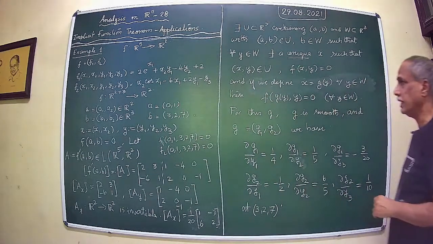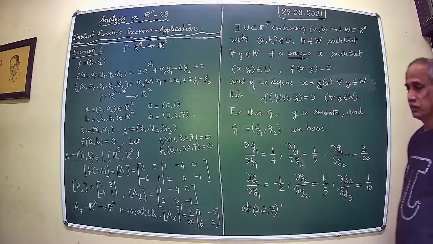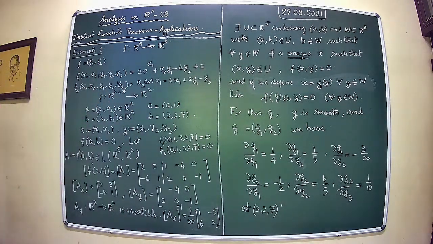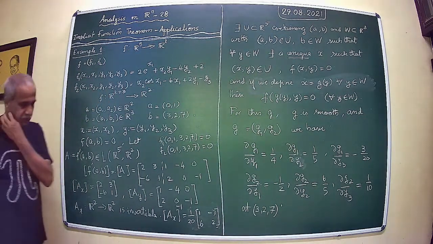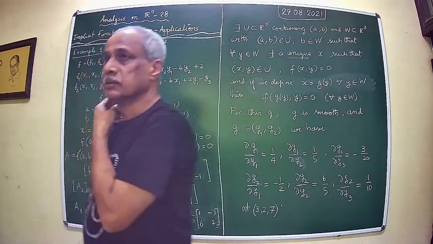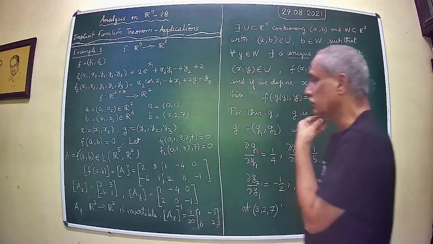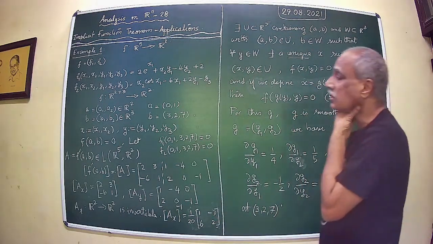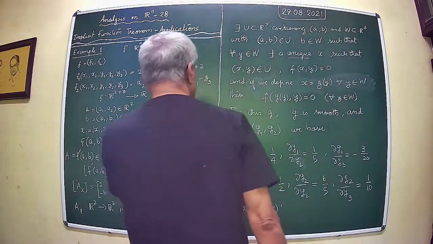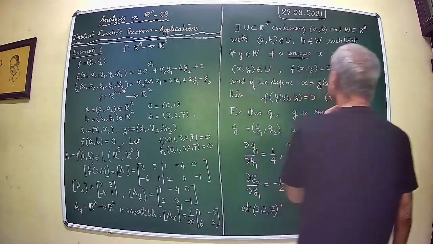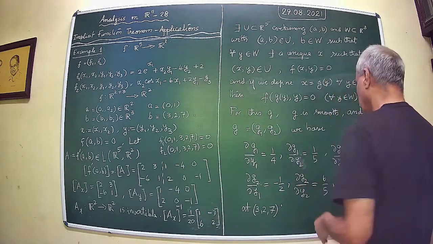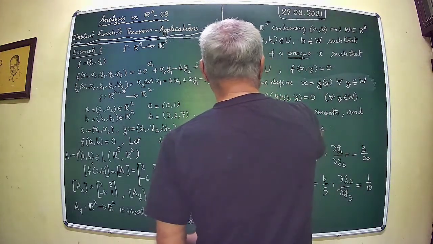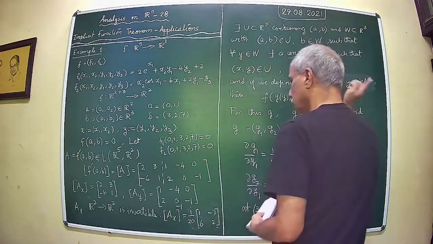Now this is the application of the implicit function theorem. That means F(X, Y) equal to 0 can be solved for X as a function of Y in some neighborhood of the point B. Okay, and what you get is F of G(Y), Y equal to 0.